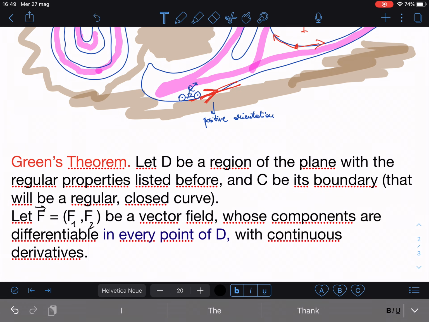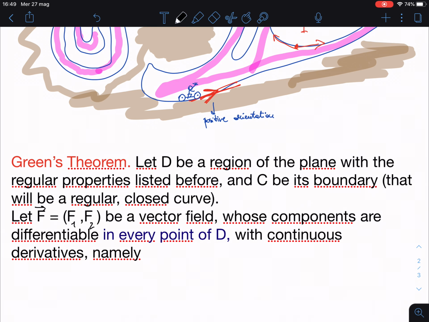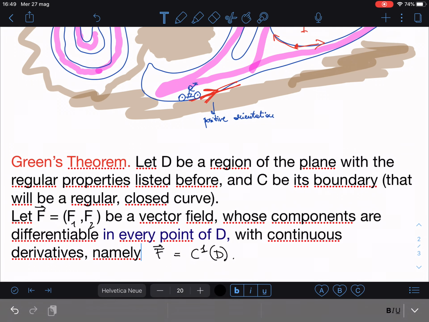In mathematical notations, this means that F as a field is C1 of D. Okay? And now let us go with the theorem.